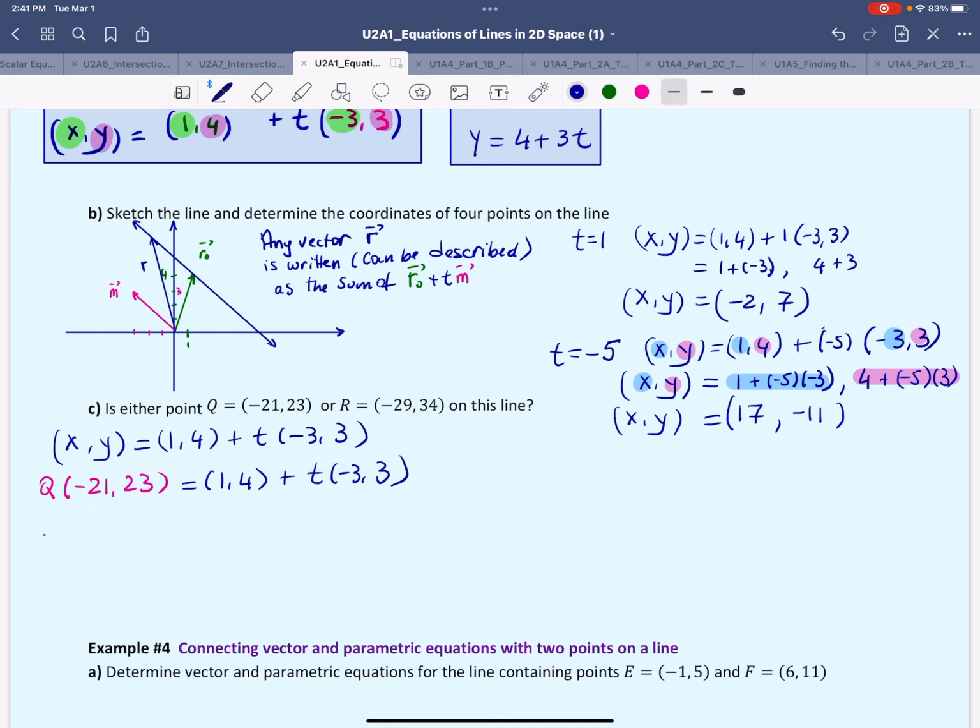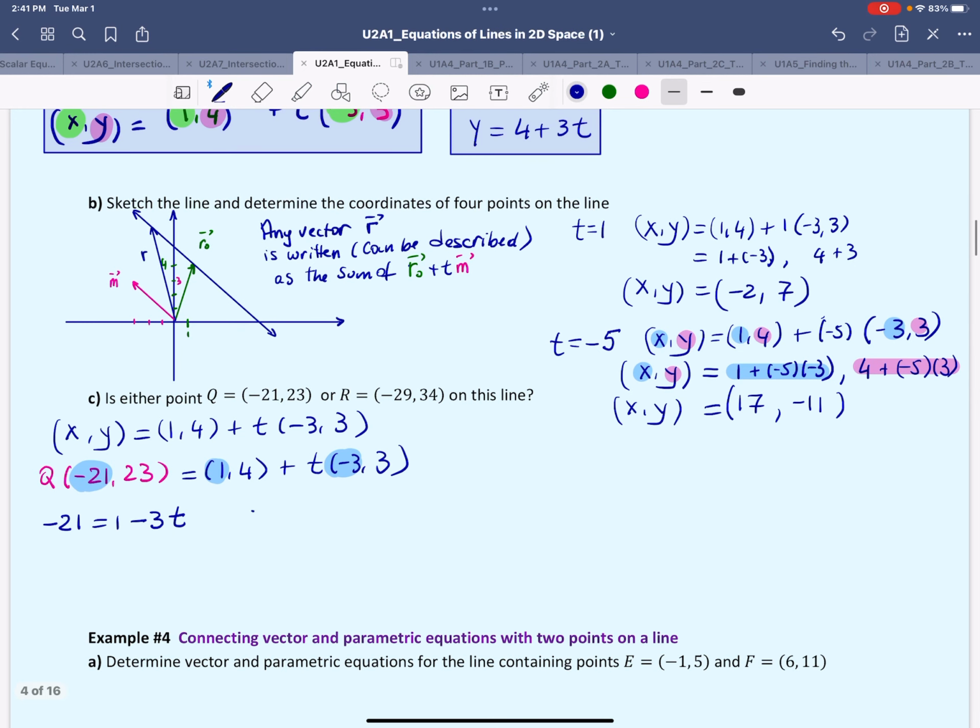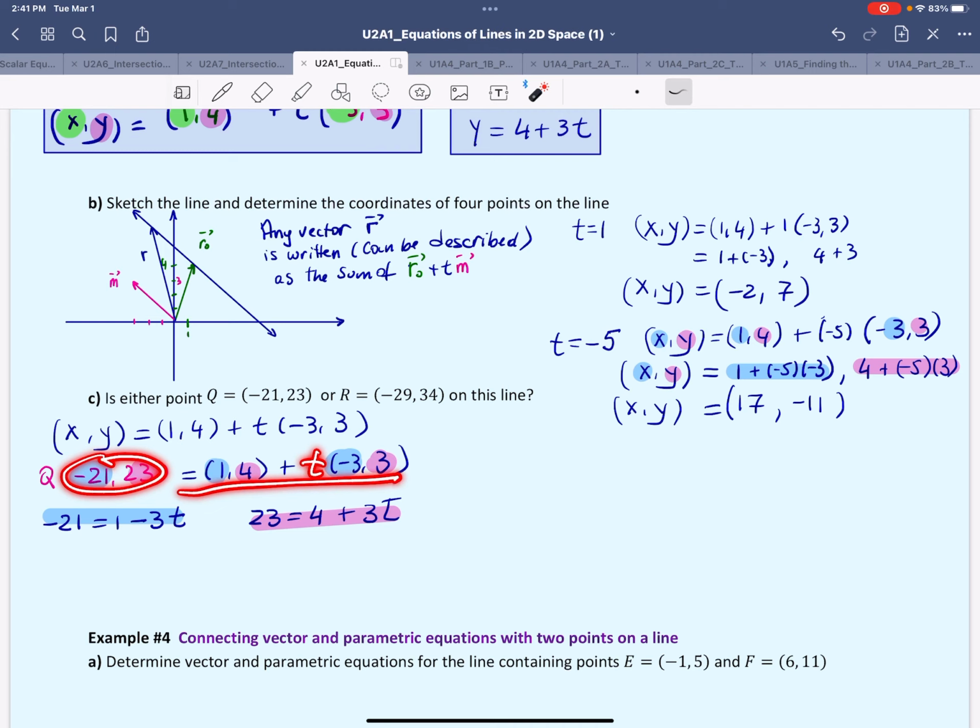In other words, -21 equals 1 minus 3t. Notice that here we are using the parametric equation for x. And 23 equals 4 plus 3t. That's the parametric equation for y. So they must generate the same value of t because this point fits in this same equation.